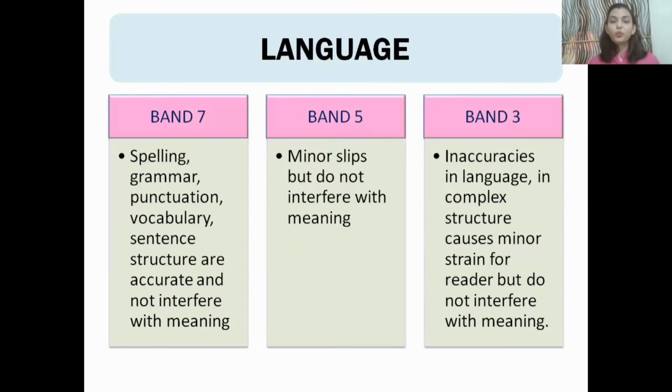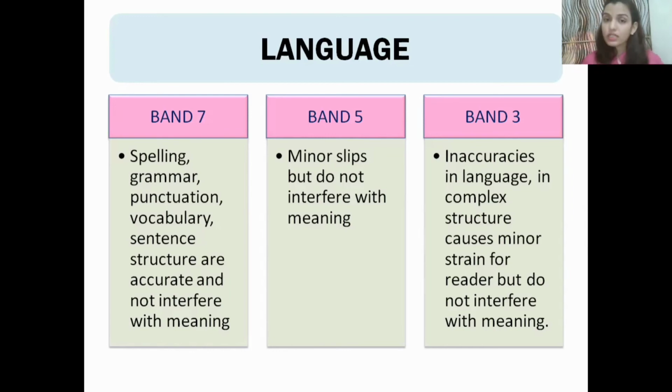The last criterion, which is very important and which most students are concerned with, is English as a language. Your spelling, grammar, punctuation, connectors, sentence structures, everything is assessed as a language. So of course you must be aware where to use capital letters, where to use small letters, where to put a full stop, where to put a comma. These are all important, but you should always keep in mind that there are also other criteria based on which you are going to be assessed.